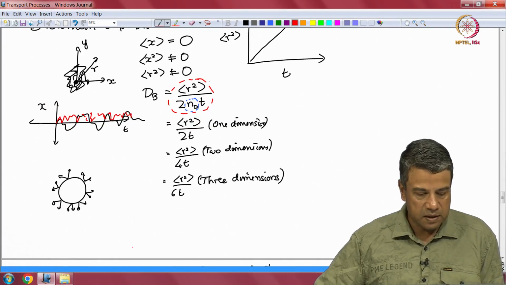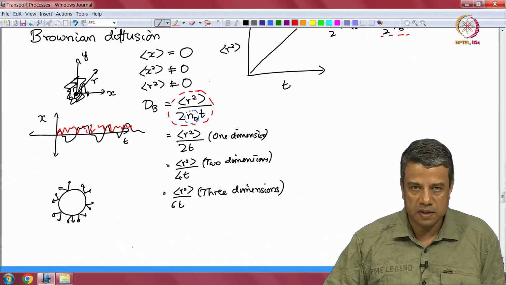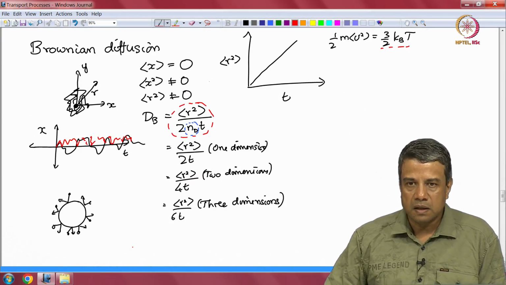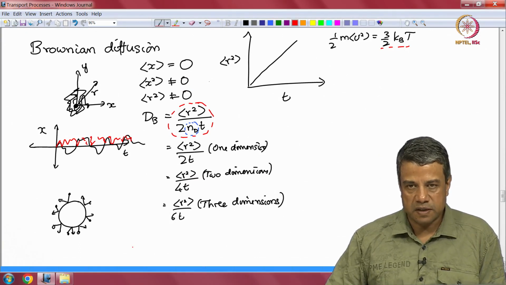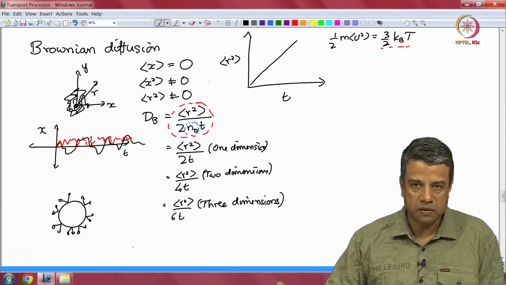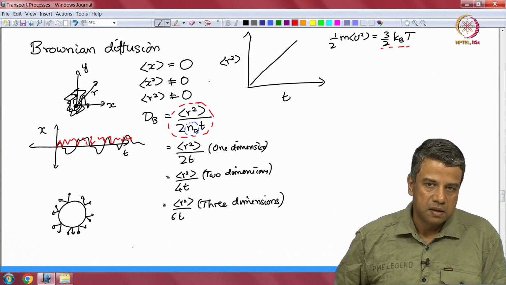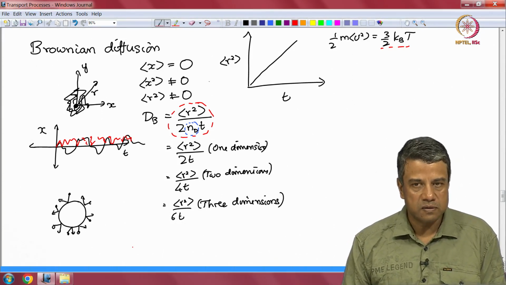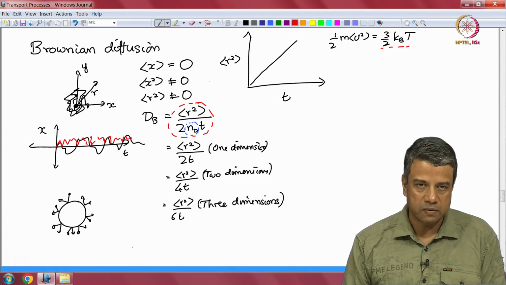We had also calculated other quantities, Brownian diffusion for example of a colloidal particle in a fluid, the distance travelled on average due to the Brownian motion due to the force exerted by the molecules on small particles, size 1 micron or less. The force on average is 0, so the displacement on average is 0.